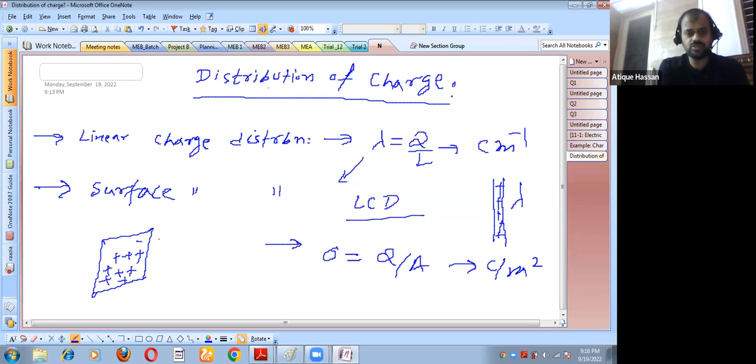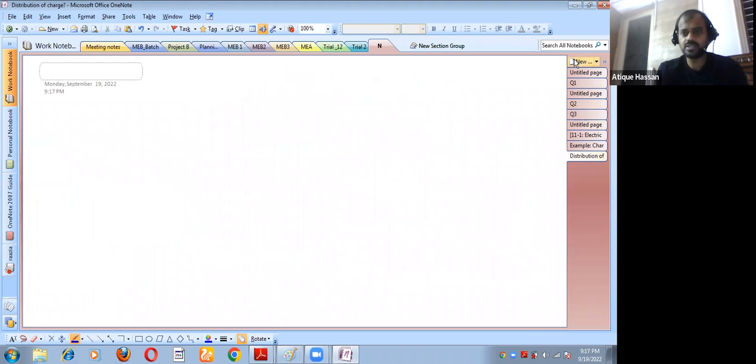In such cases, we will mention that its surface charge density is sigma. Sigma can have any value, like 5 Coulomb per meter square, 10 Coulomb per meter square, or 5 micro Coulomb per meter square. And apart from that, we have another, which is volume charge distribution.